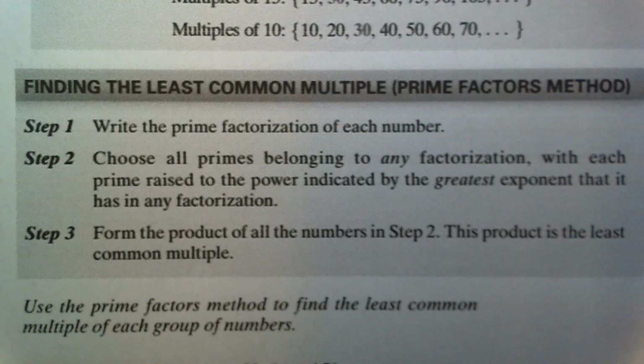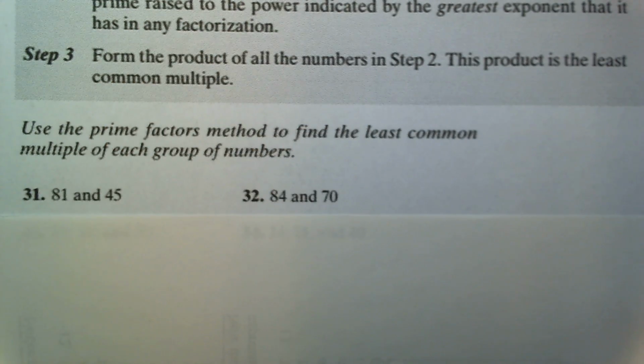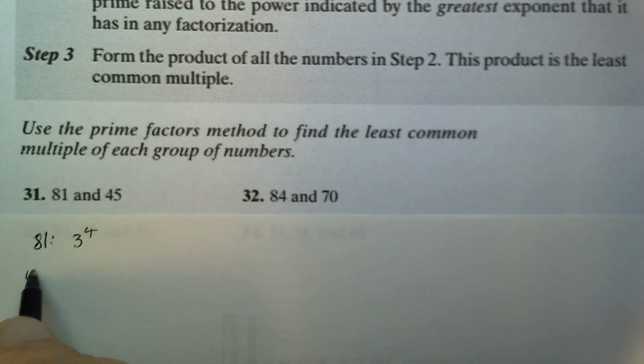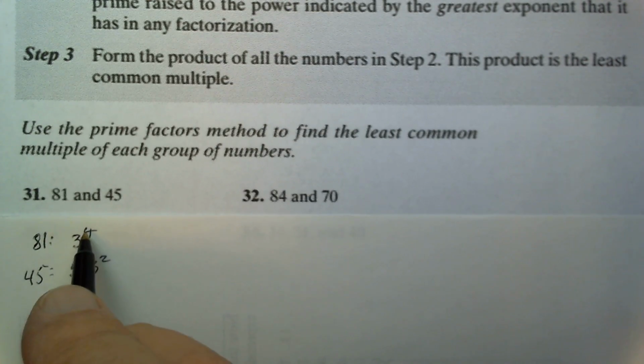So here we have some exercises. Number 31, for the two numbers 81 and 45, to find the least common multiple. So we write down the prime factorizations. For 81, the prime factorization is 3 to the 4th power. And the prime factorization of 45 is 5 times 3 to the 2nd power. So we use the greatest exponent, so 3 to the 4th.